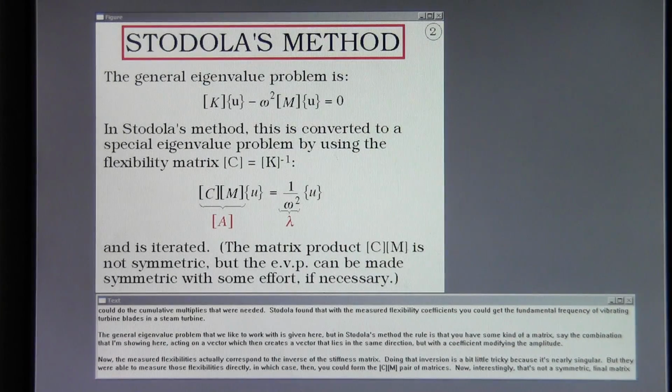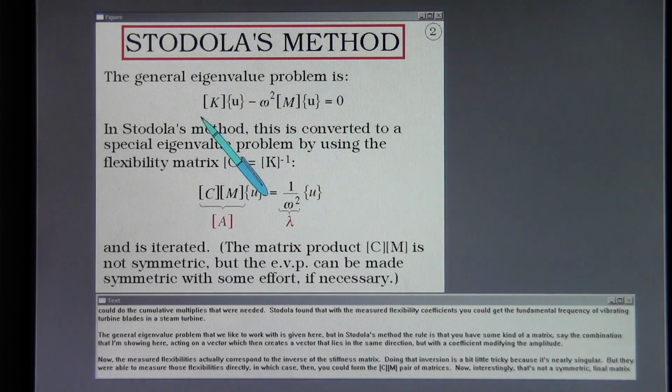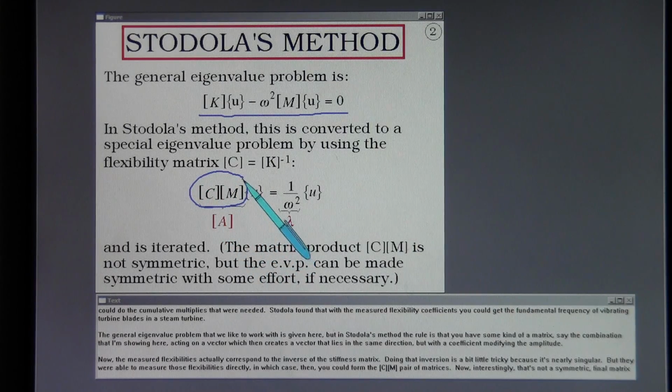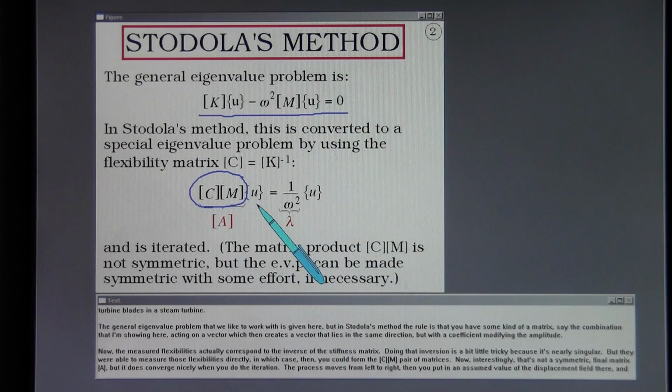The general eigenvalue problem that we like to work with is given here. But in Stodola's method, the rule is that you have some kind of a matrix, say the combination that I'm showing here, acting on a vector, which then creates a vector that lies in the same direction but with a coefficient modifying the amplitude.